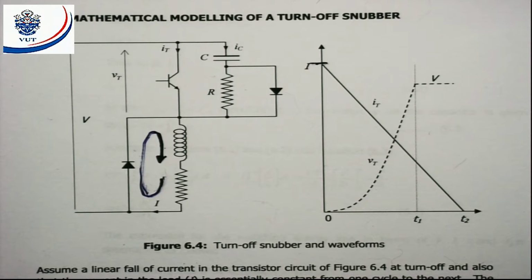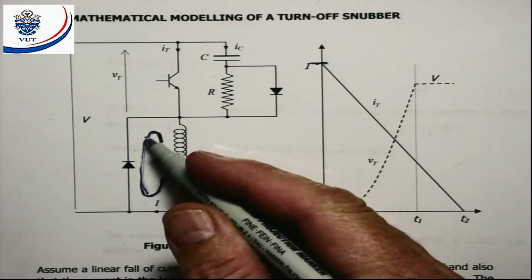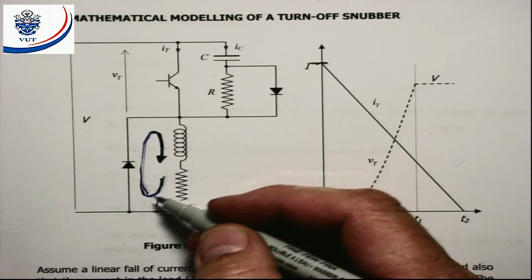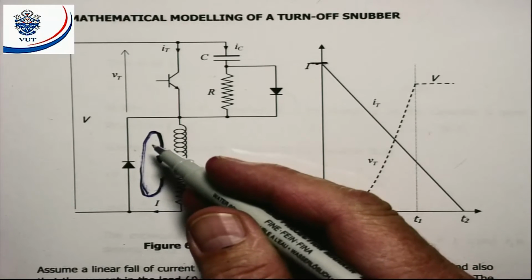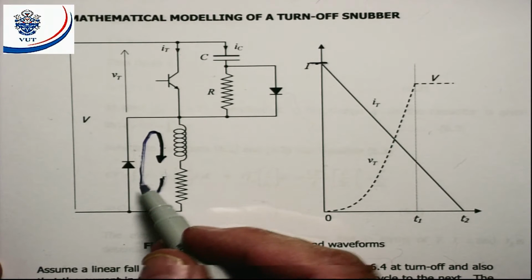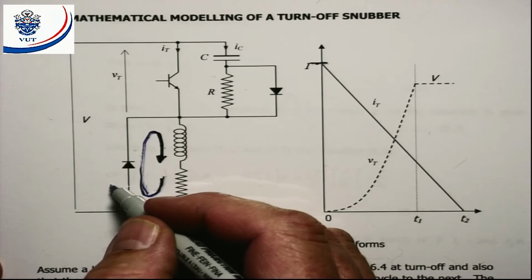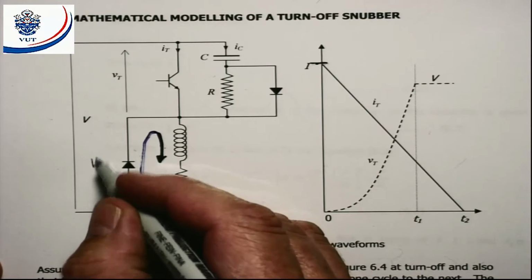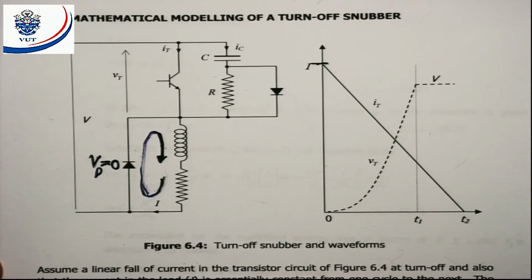Now the first thing that we have to ask ourselves is, when will this situation occur that I have indicated to you here, that the current I will be flowing through the diode? Well, if we look at this as an ideal diode, that will happen when the voltage over the diode is equal to 0. When will this happen?